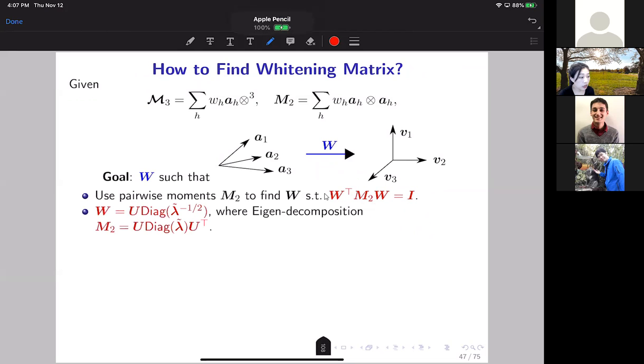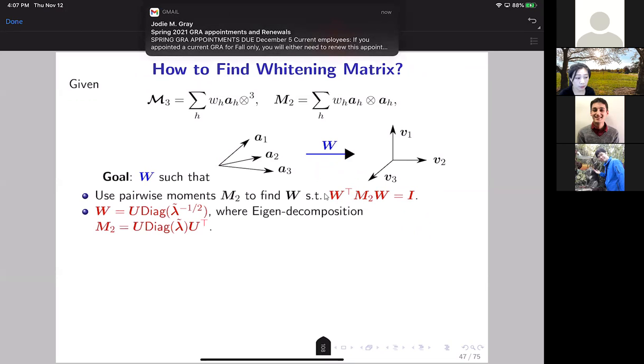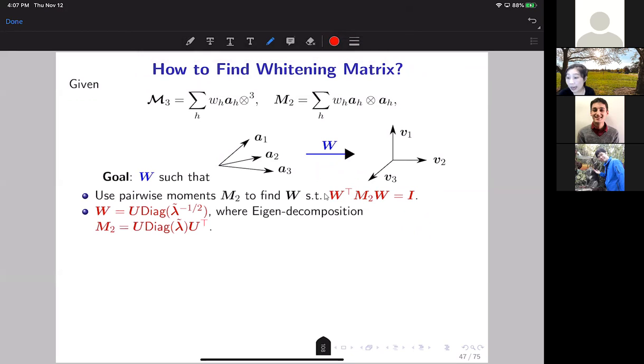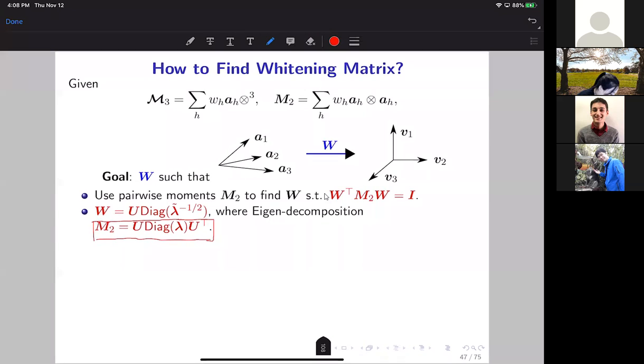Now, how do we find W such that W transpose M2 W is identity? What does this remind you of? Eigen decomposition. You just do an eigen decomposition on M2. Because your M2 is symmetric, it becomes U diag(lambda) U transpose. You get this decomposition, and then your W would be nothing but this form.